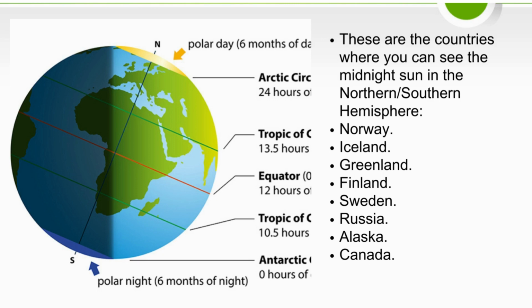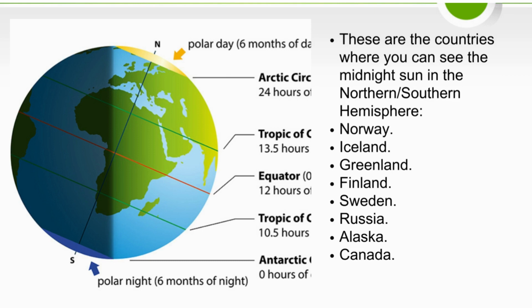Now, there are some countries that do not experience night, neither do they experience day. This is due to the fact that some countries are located where the reflection of light could not get to, or where there is constant reflection of light, and this point is called the polar point on the globe, where they experience polar day and polar night.